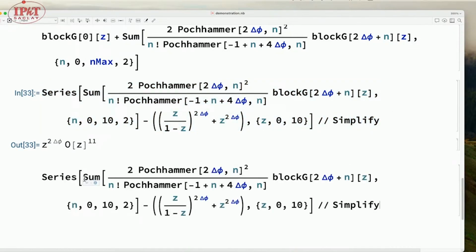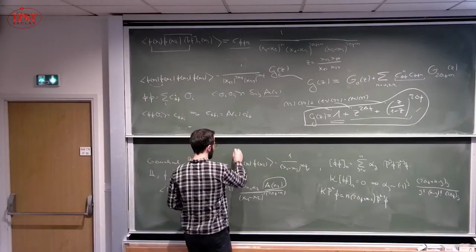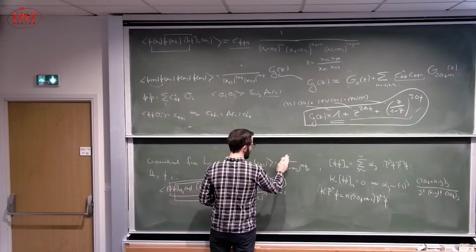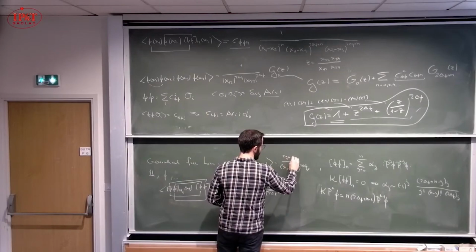Now, what changes in the fermionic theory? I remember at the end of the last lecture I mentioned the generalized free fermion, where the only thing that's going to change is that there is a sign of x1 minus x2.